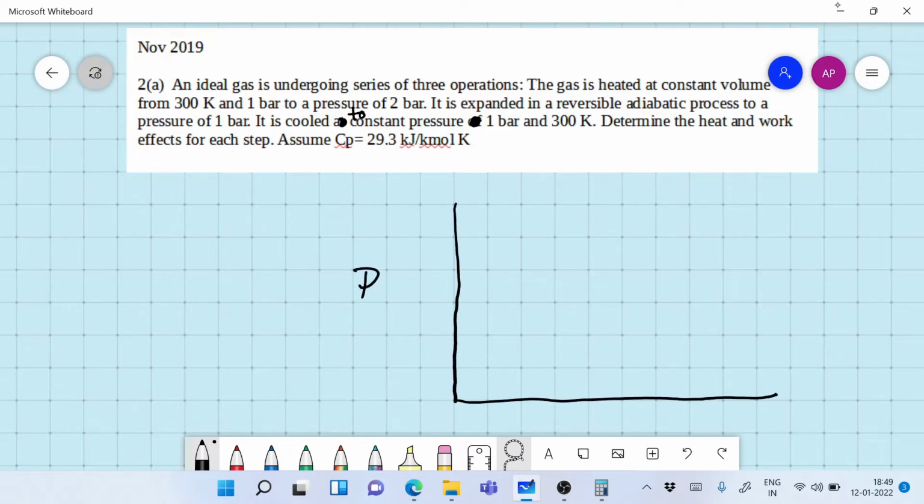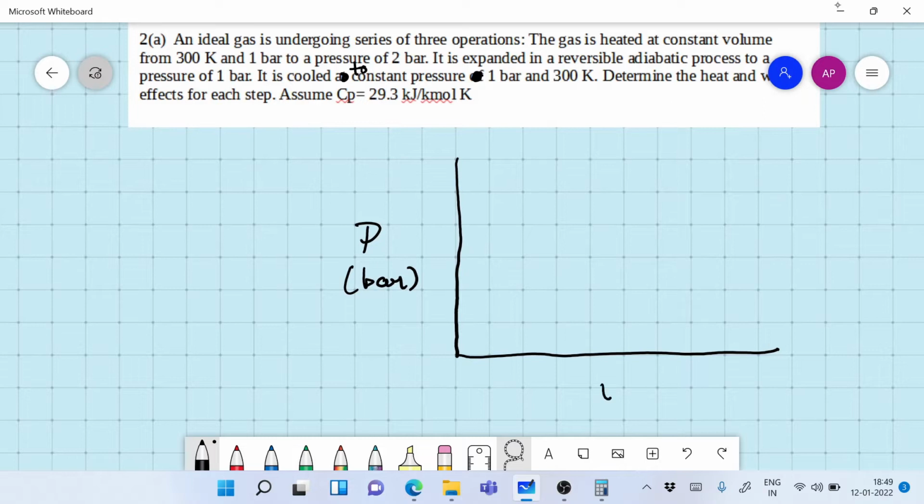So this is the pressure axis, which is bar, and this is the volume axis. Since we do not know the volume, we will take the volume units as meter cube per kmol. So our basis is going to be 1 kilomole of an ideal gas.